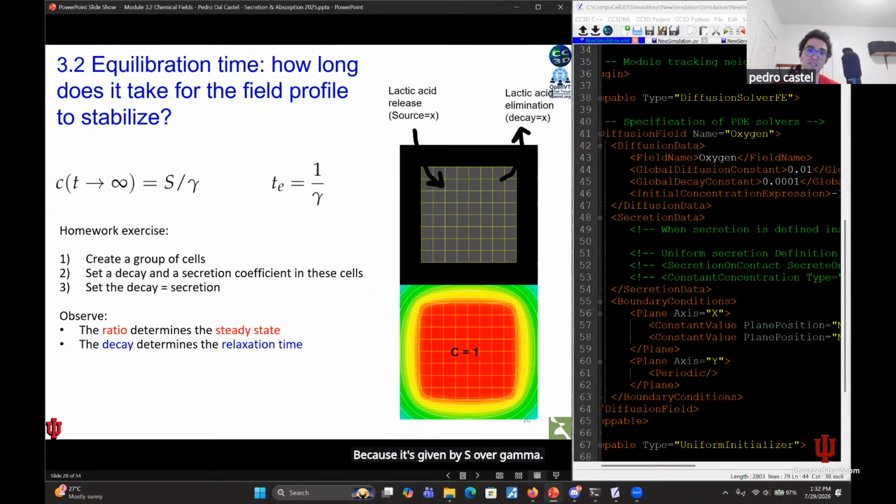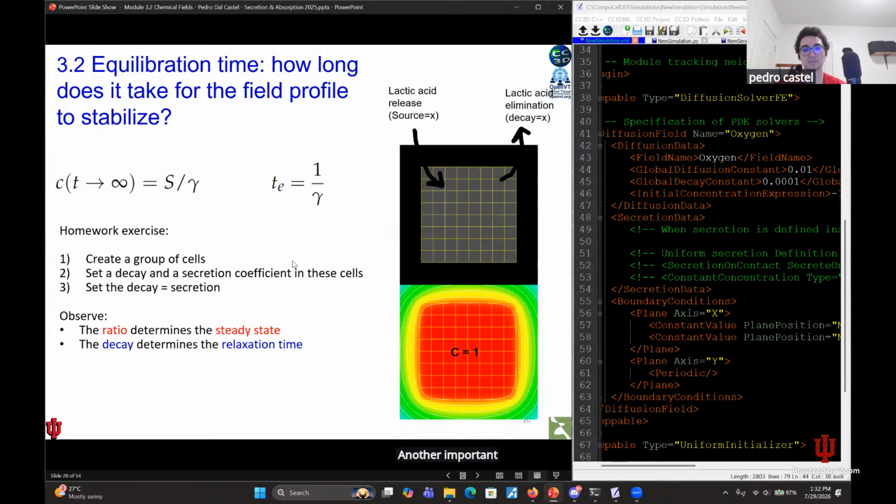So if they have the same numerical value, the equilibration concentration will be 1. And the typical time to reach this equilibration point is the same as the typical decay time, 1 over gamma.